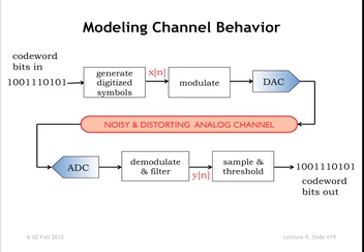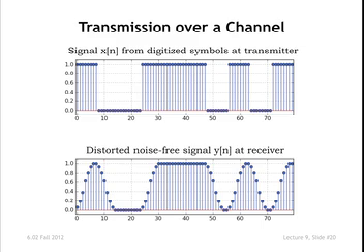And I can think of that as my channel input and output. I can suppress all this other stuff, knowing that all of that goes on, but in terms of designing what I want to do with the signals, I can just look at it end to end. So we're going to talk about models for end-to-end behavior from the discrete time sequence that goes in to the discrete time sequence that you reconstruct at the other end. Okay?